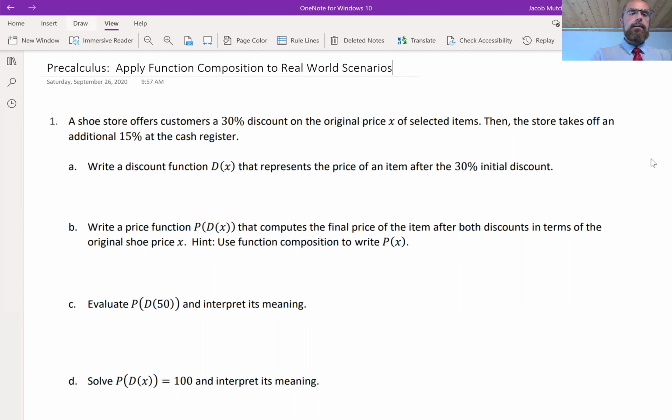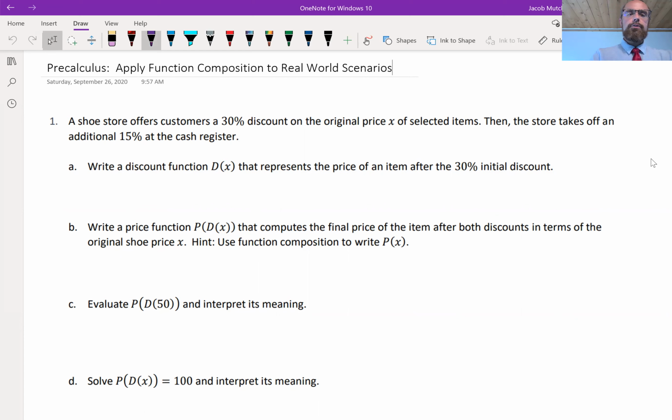So let's write that initial discount function first. The way we'll do so is just by thinking about, in terms of buying a pair of shoes, how this discount price relates to the original price. So let's define the original price.